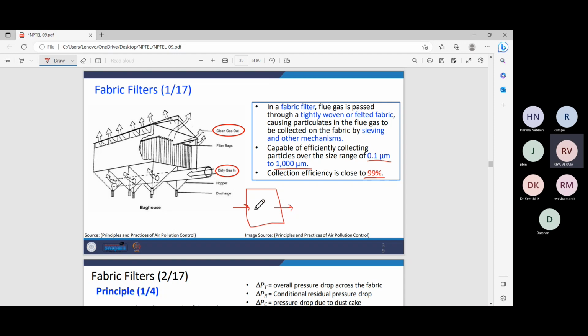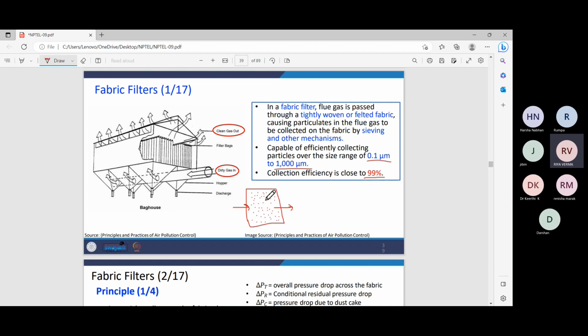So as the dust, as the particles get stuck on these fabrics, a layer of these particles will be formed over the fabric, and the size of the pores will decrease.